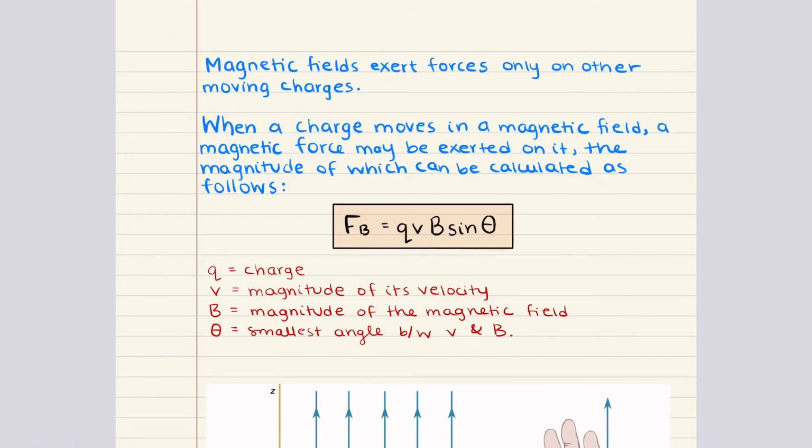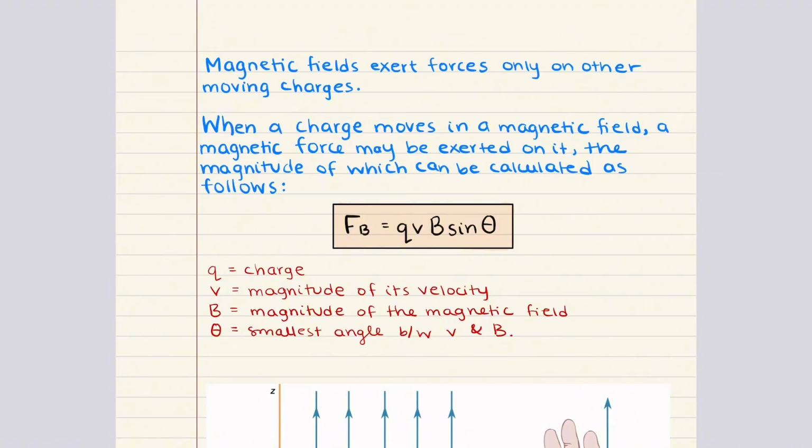When a charge moves through a magnetic field, a magnetic force is exerted on it. The magnitude of this force depends on several factors, including the charge of the particle, its velocity, the strength of the magnetic field, and the angle between the velocity vector and the magnetic field vector.